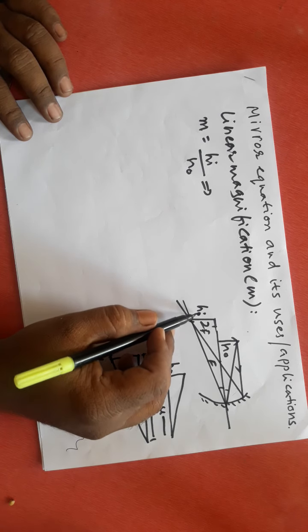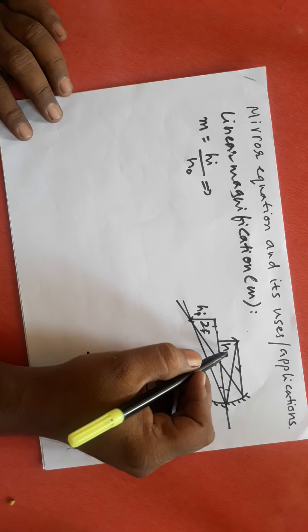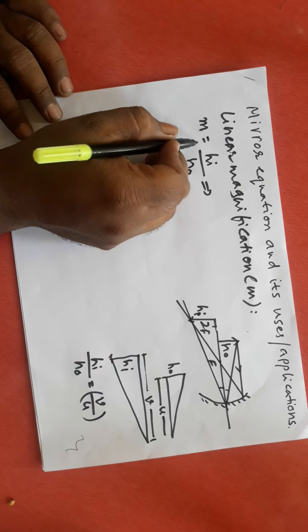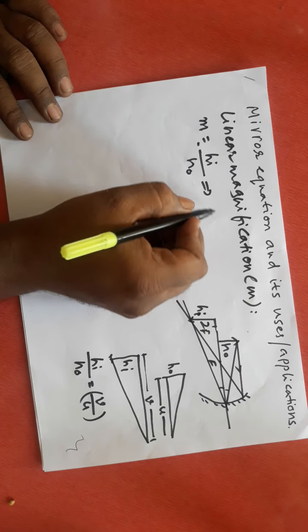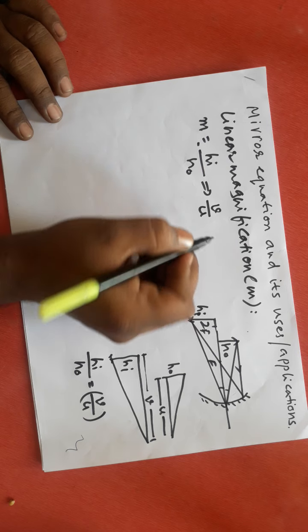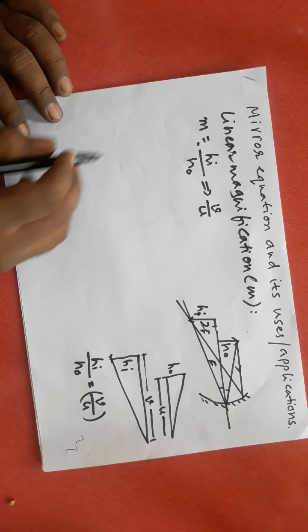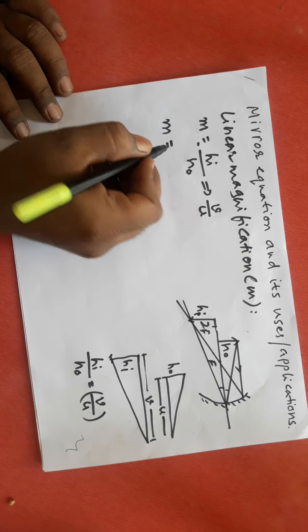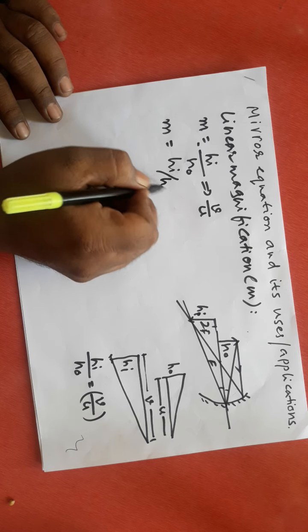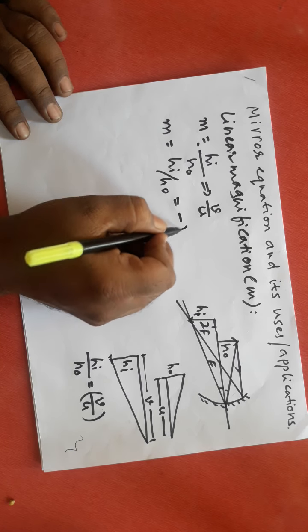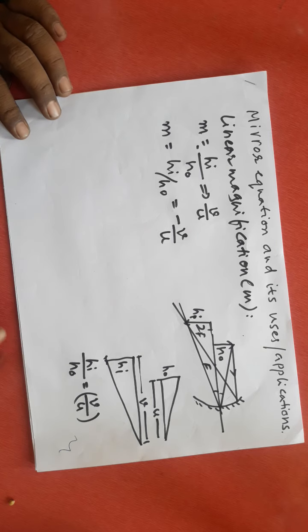Here hi is negative and ho is positive, therefore this magnification will be negative. Or you can write m is equal to hi by ho, which is equal to minus v by u.